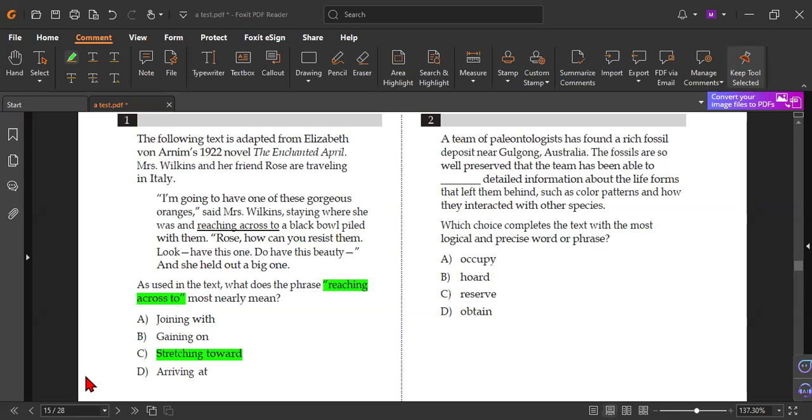I think it's either C or D. So C or D. Do you have any reason why A and B are wrong?